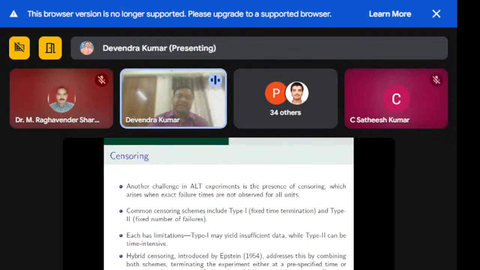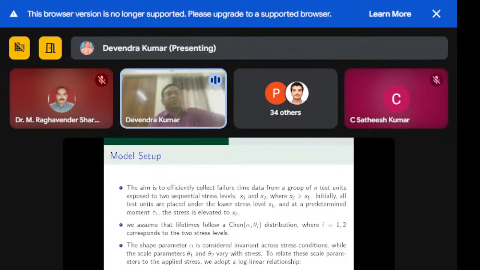Hybrid censoring, introduced by Epstein 1954, addresses this by combining both schemes, terminating the experiment either at a pre-specified time or upon observing a pre-specified number of failures, whichever occurs first. This approach has been adopted in military standards, and also by Balakrishnan et al. 2020-23.